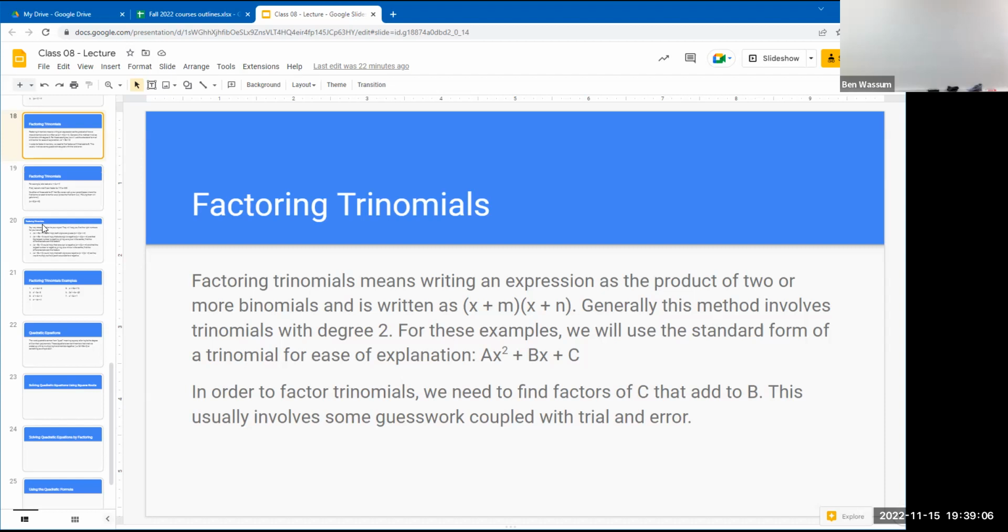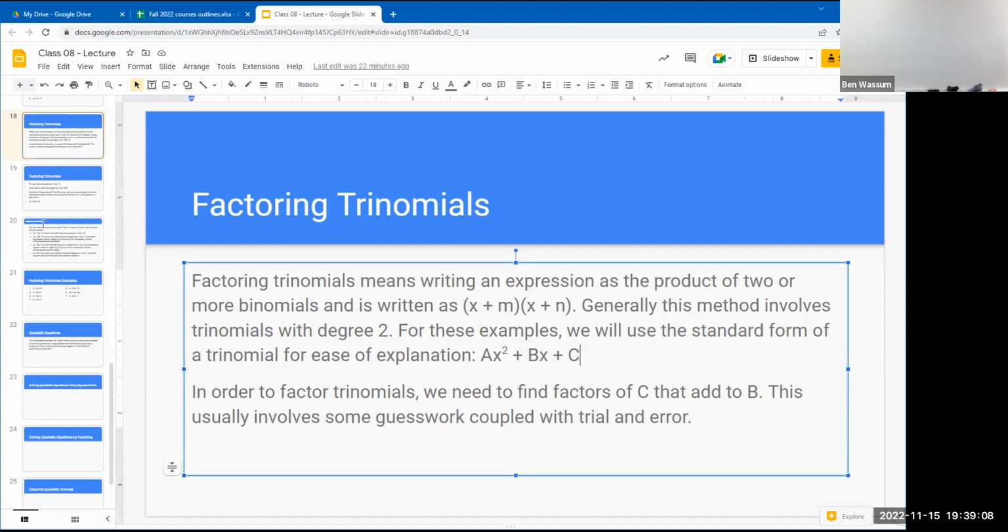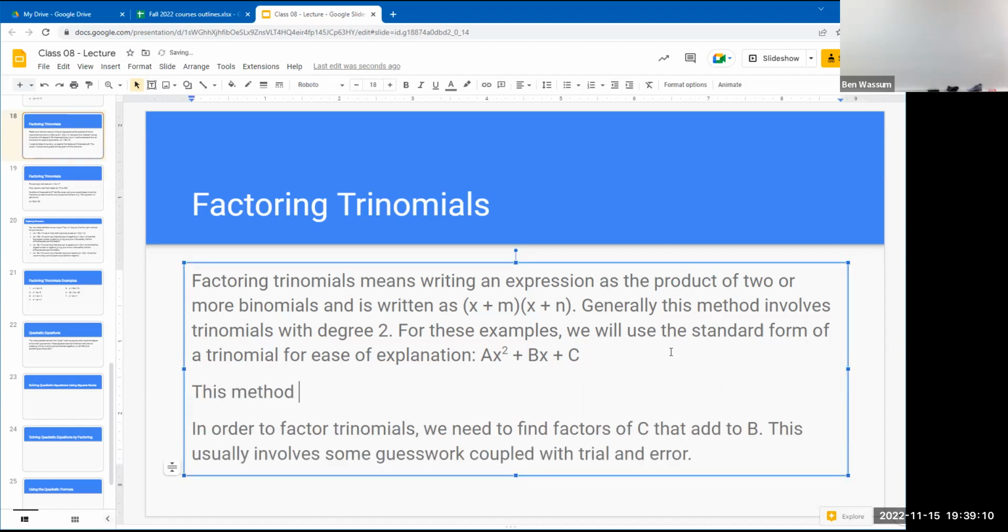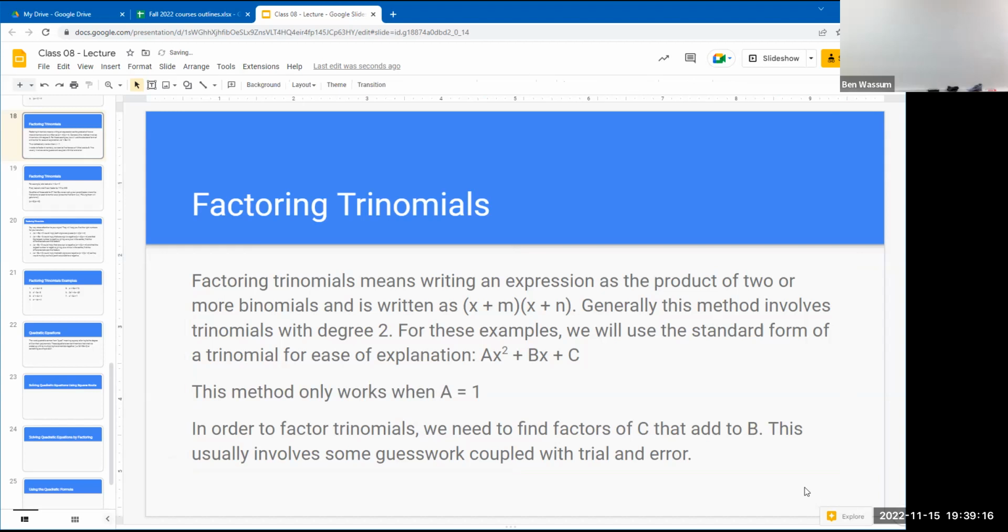I should have on here, this method only works when a equals 1. So this only works if you just have an x squared on the front, or a y squared, or a w squared. It's not going to work if you have a 2x squared. It's not going to work if you have a 7x squared. You might be able to pull out a greatest common factor and then work it after that.